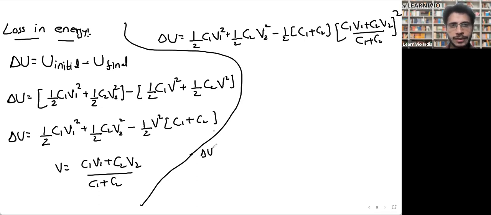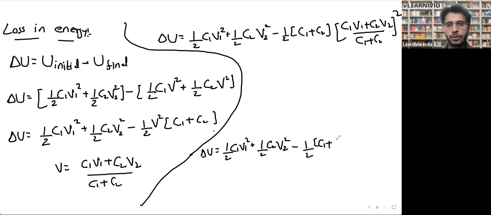Next, we can write delta U as half C1 V1 square plus half C2 V2 square minus half, C1 V1 plus C2 V2 whole square over C1 plus C2 whole square, multiplied by C1 plus C2.